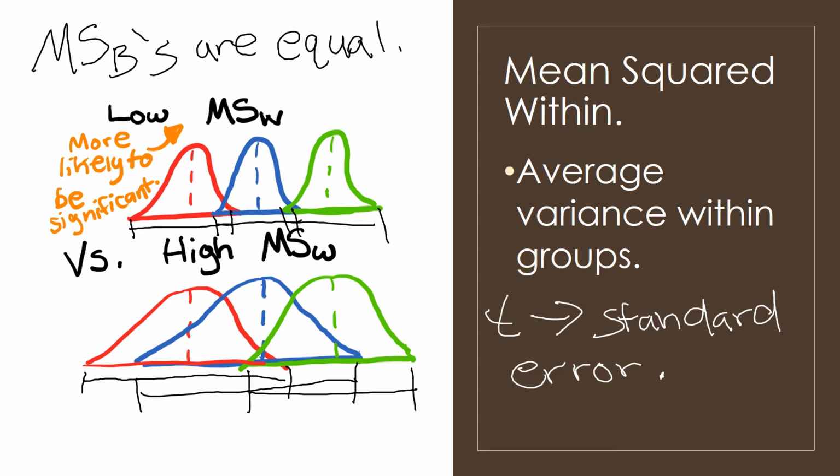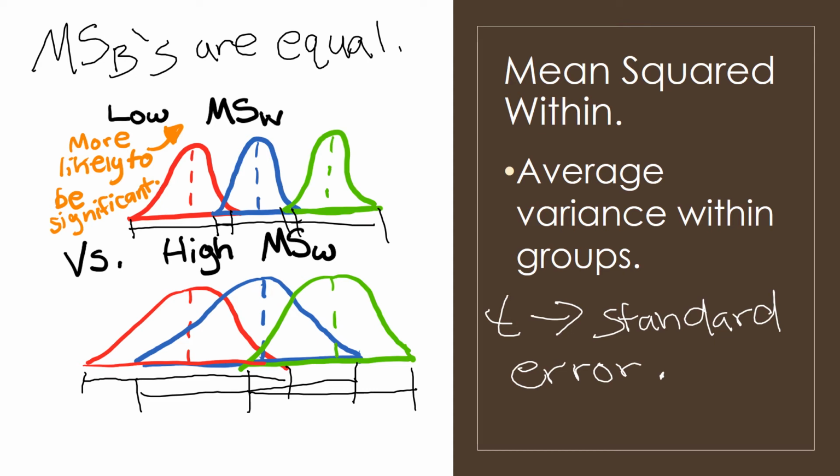And so you're more confident that there's an actual difference when there are fewer scores overlapping with each other, than in the second one where the sample means are in the same spot, but we have more overlap of the distribution of the individual scores, and so you're not as confident that there will be a difference.